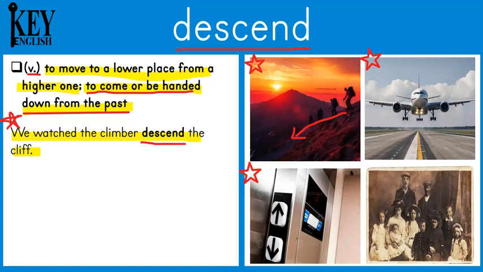For example, if one of your ancestors had a beautiful ring that was given to the younger family as time went on, then you could say that ring descended from your ancestor, or it came from them. It was passed down to you from them. We can also talk about traditions in that way. I can say this tradition descended from our ancestors, or it came down from them.